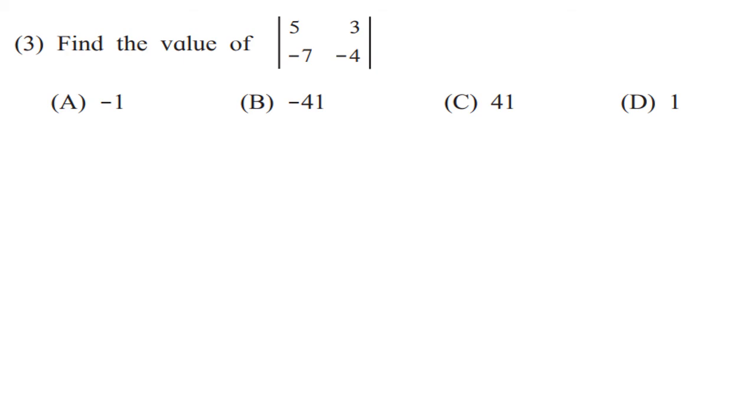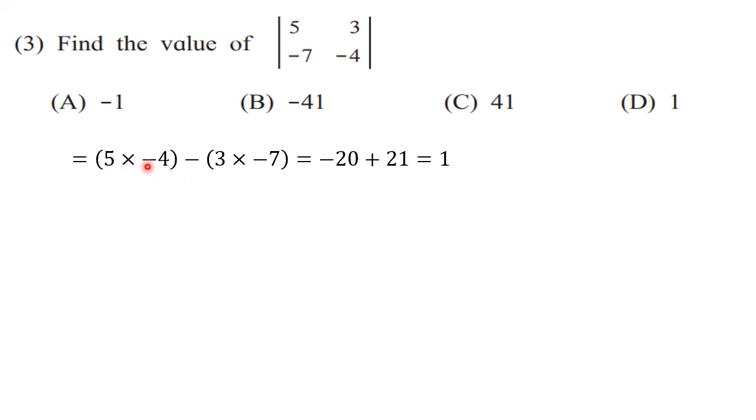Third one, find the value of the determinant, and here the rows are 5 and 3 and minus 7 and minus 4. You know that to solve determinants, we always go for cross multiplication. So what we are going to do here: 5 into minus 4, then minus sign by default, and 3 into minus 7. I told you that always keep the practice of writing these two multiplications in brackets.